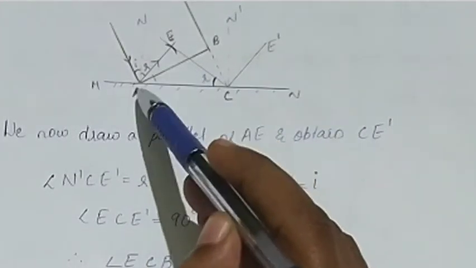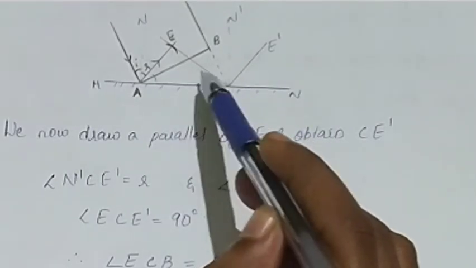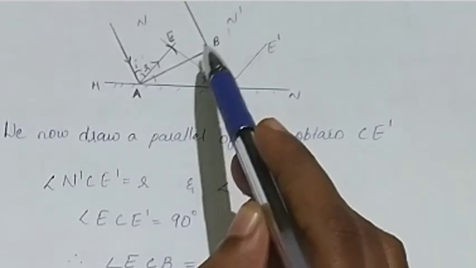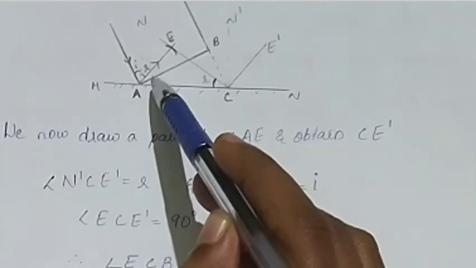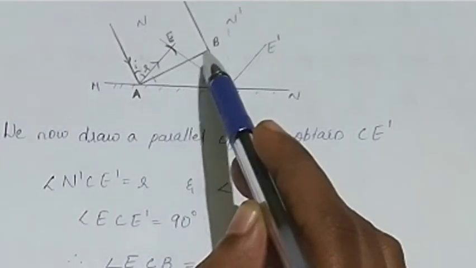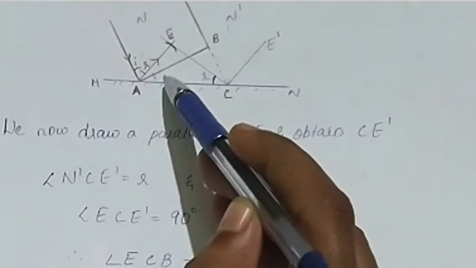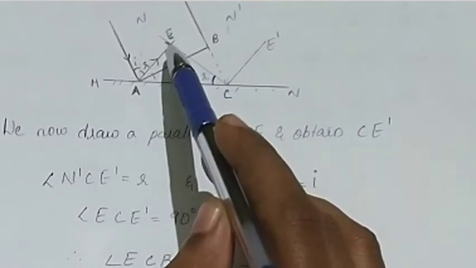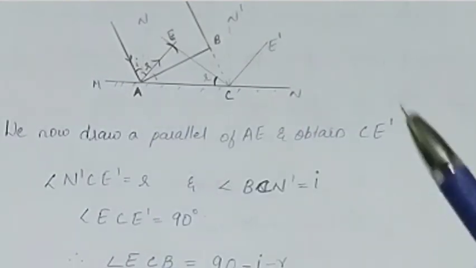So we have two triangles here, AEC and ABC. In triangle ABC, we obtained one angle, angle BAC, to be I, the angle of incidence. Now we are going to analyze the angle ECA.